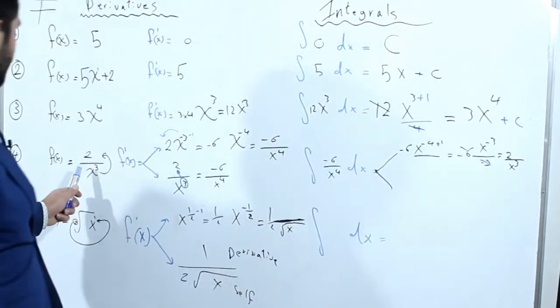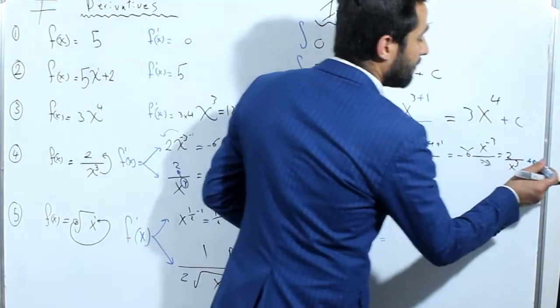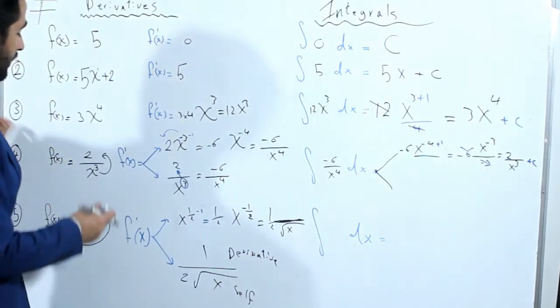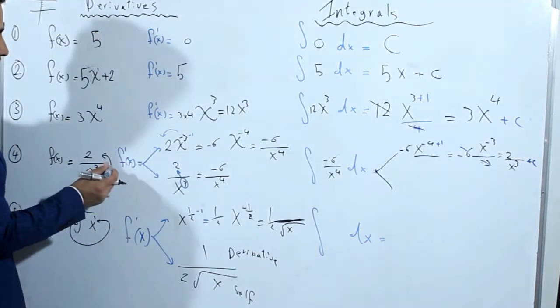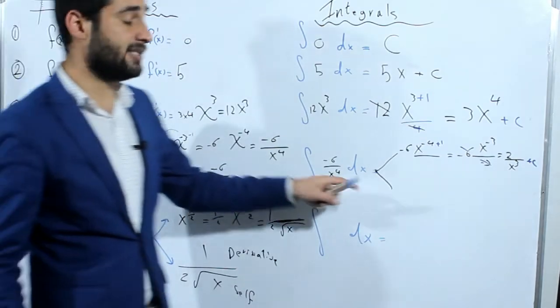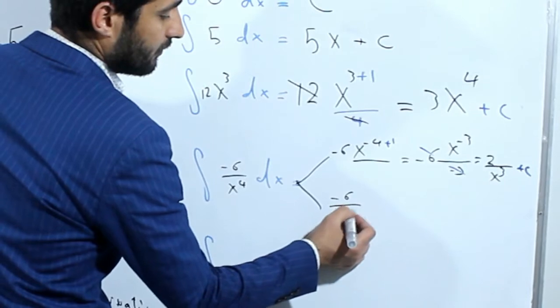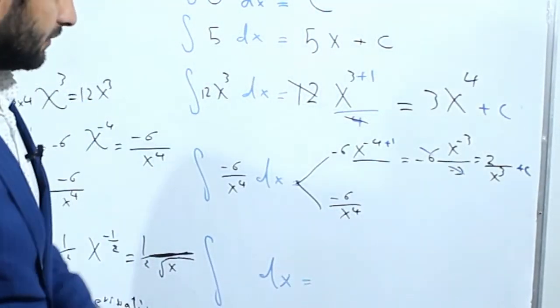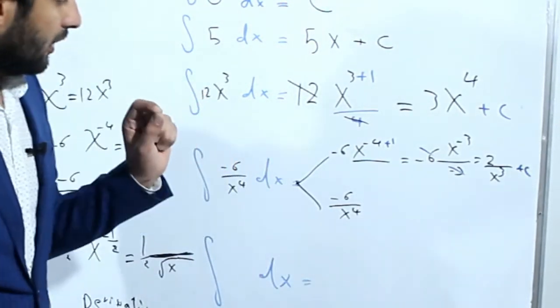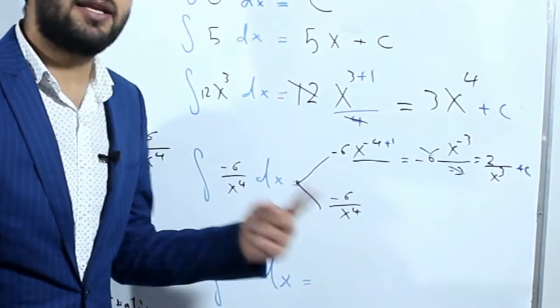Look, we have same thing here, but don't forget to write c, because maybe here we have +2. Maybe we have 2 over x to the power of 3. And let me show you the easiest way. Write down this again, and then subtract this by -1.